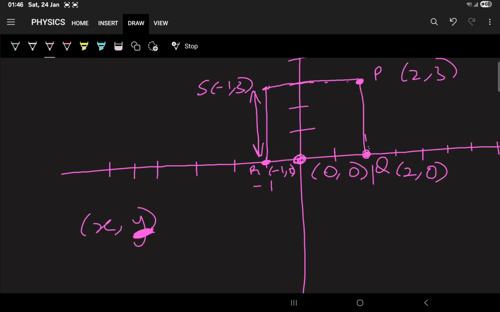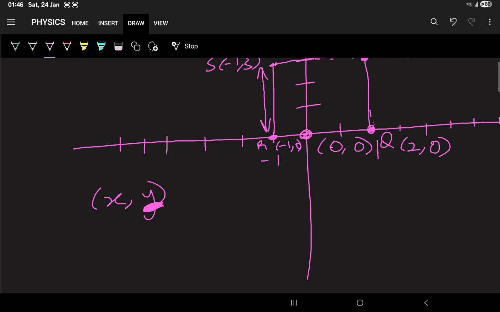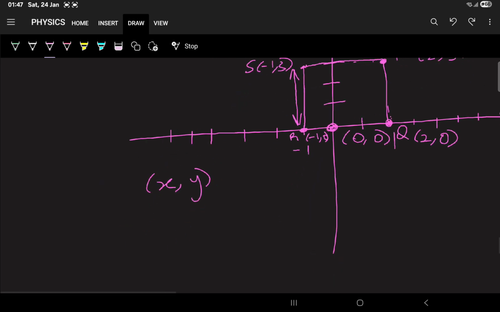Now to find the length, we just need to find the change along the y-axis between S and R. And how do we find that?